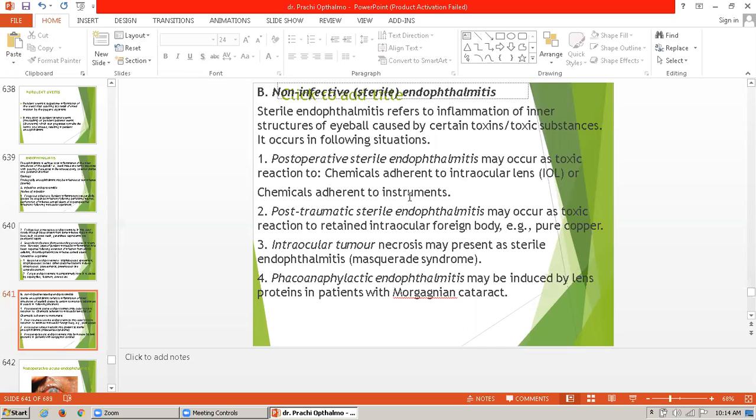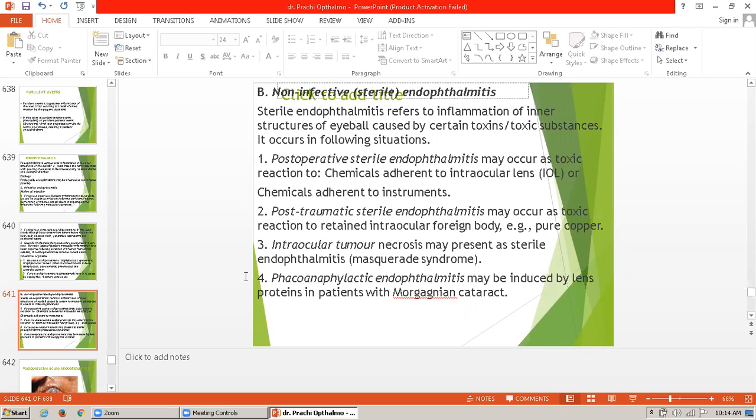That is, after the operation, when there is a sterile endophthalmitis, it occurs as a toxic reaction due to the chemicals adherent to the intraocular lens or the instrument.